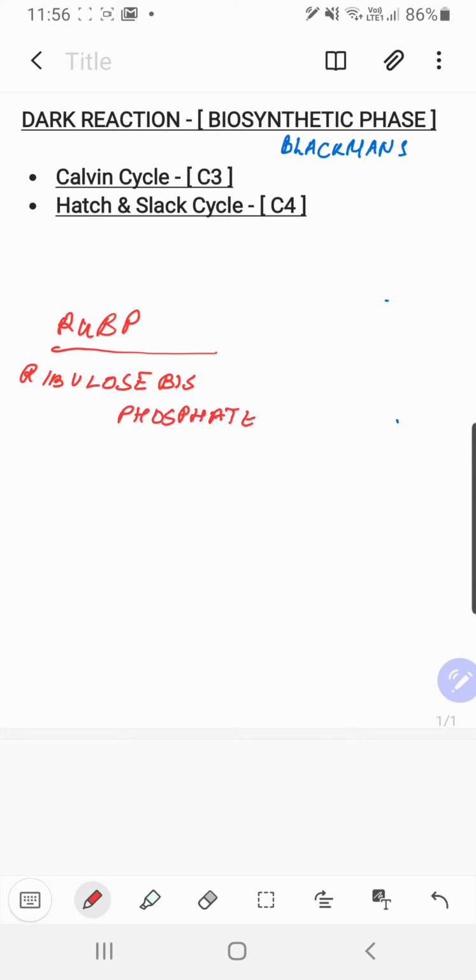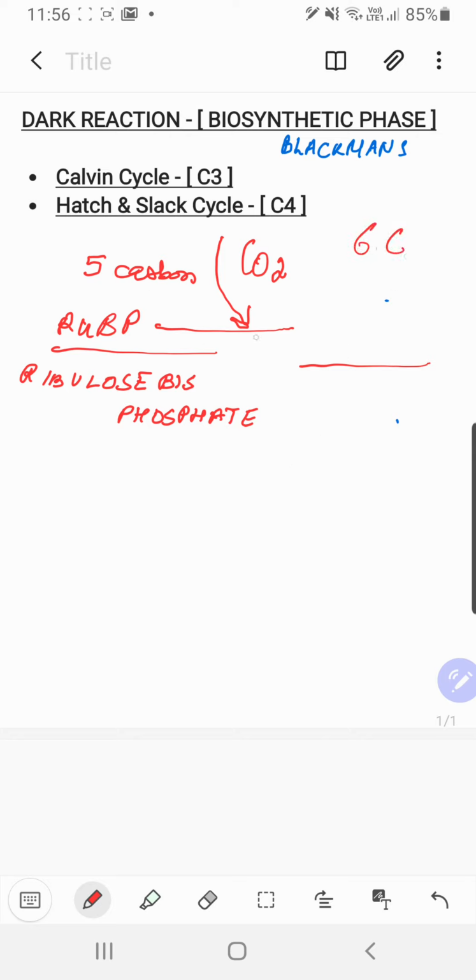So here this RuBP is a 5 carbon atom compound. During dark reaction the atmospheric CO2 is supposed to be fixed, right? RuBP is a 5 carbon atom compound and CO2 has 1 carbon. So the ultimate compound that is formed should be a 6 carbon atom compound, isn't it? 5 from RuBP and the 6th one from CO2.